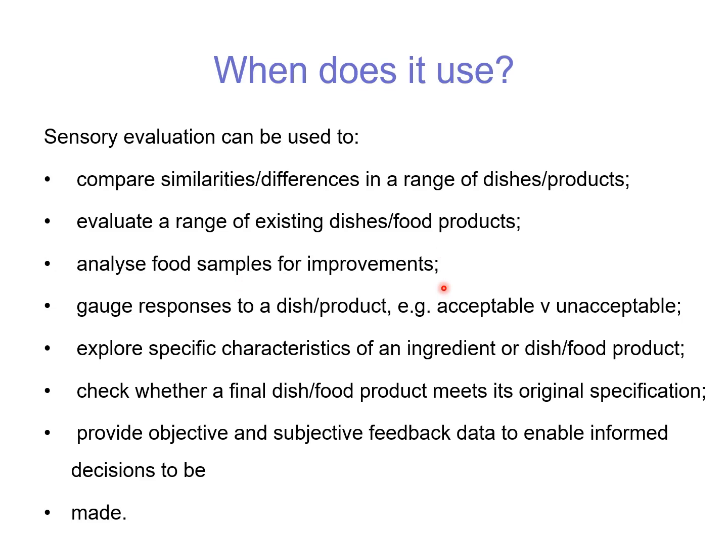So after getting these marks, you can improve what needs to be improved in order to get a good consumer preference and response to a product, like acceptable versus unacceptable, and explore specific characteristics of an ingredient or food product.